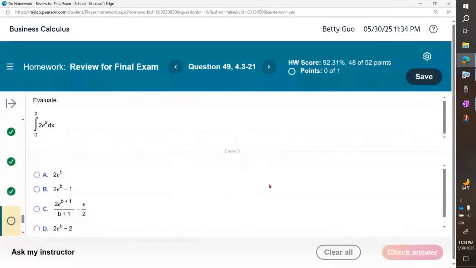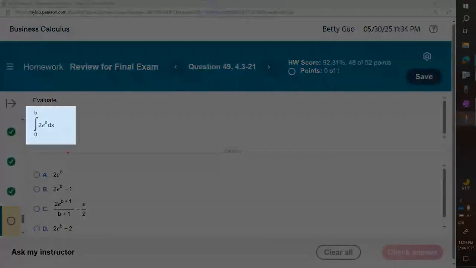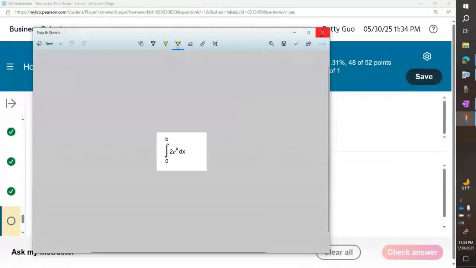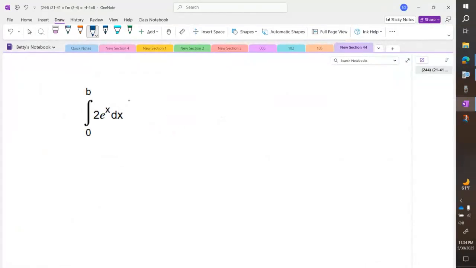Question number 49. Definite integral as well. Okay. Find the antiderivative. The antiderivative is itself. You know how special the natural exponential function is. So put the antiderivative in the bracket.